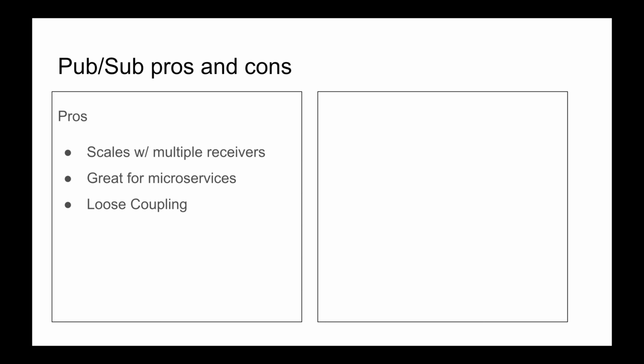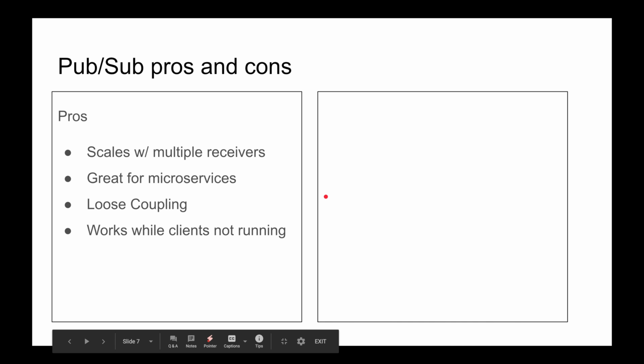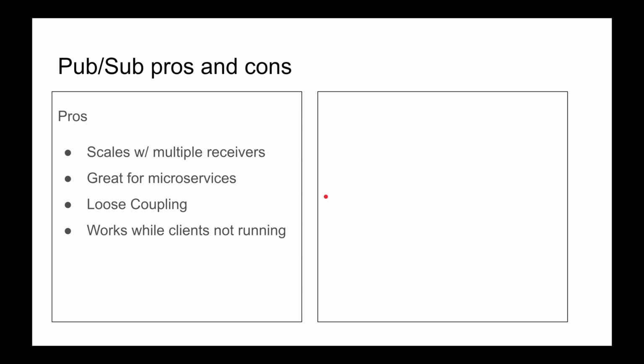Because the moment you have a service that depends on 700 services, any small change can break any of these 700 clients, right? So if you're sure that your only client is the pub sub system, you're golden, right? Works while client's not running. Well, yeah, but, right?